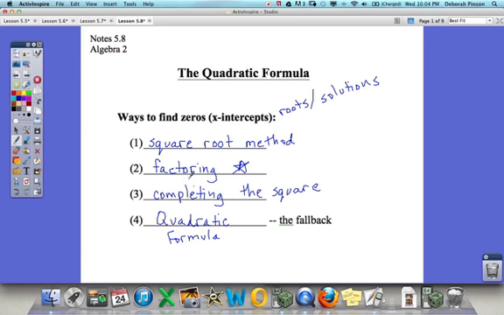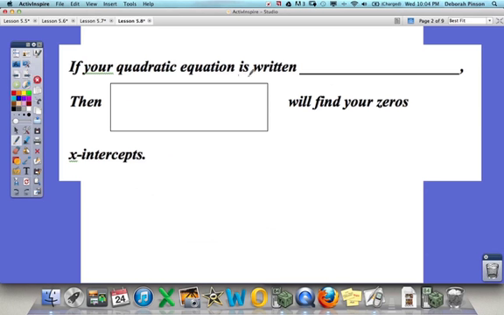Now, I think y'all have seen it before, but I do want to make sure that you have it written down. So if you're talking about a quadratic formula that's written in this form, so you need to have it in order and you need to have it set equal to 0, then here's the quadratic formula, and then I'm going to give you a song to help you remember it.